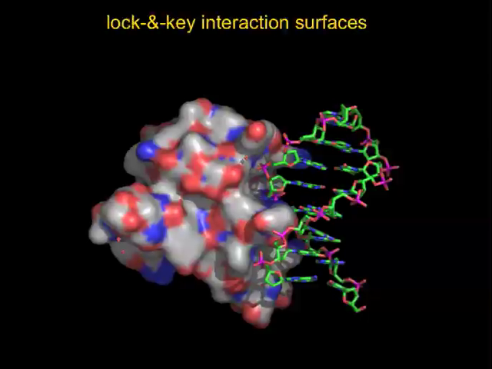Easiest way to think about it, though, is simply through lock and key interactions. The only reason I'm showing you this DNA binding protein and its ligand DNA is that we see how intimate those lock and key interactions can be, realizing, though, that this is just one extreme, and that induced fit is the other extreme. So perfectly complementary surfaces encounter each other and lock together.